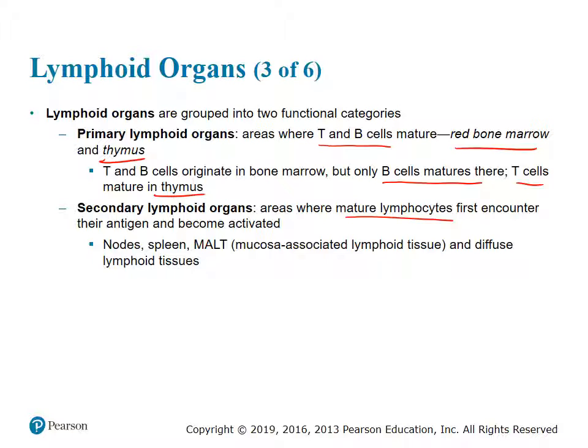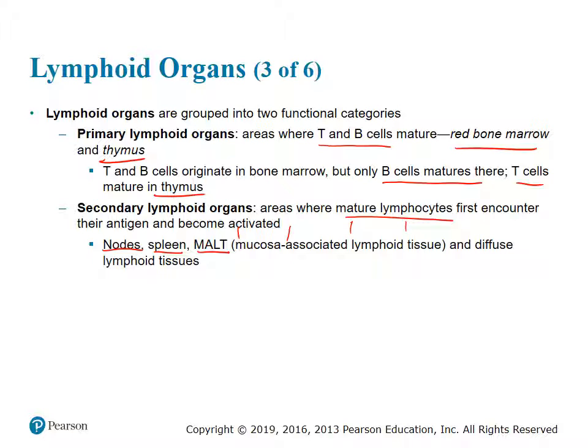The first area they're stationed, where they're located, can be the nodes. They can patrol there, or that's going to be their first job. There's the spleen, or this place we call MALT, and that stands for mucosa associated lymphoid tissue.